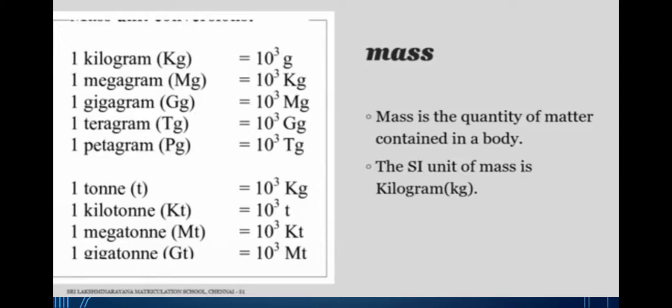For example, we buy gold in gram or milligram, medicines in milligram, provisions in gram and kilogram, and express cargo in tons. The units gram and milligram are the submultiples of kilogram. Similarly, ton, quintal, megaton, these are the multiples of kilogram.